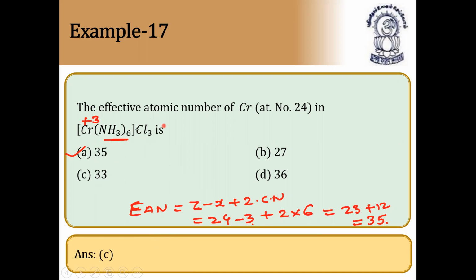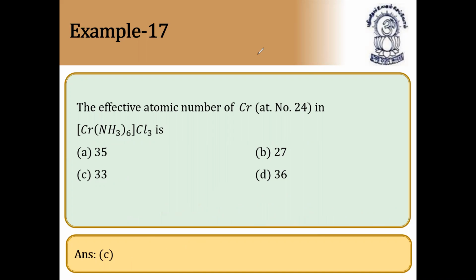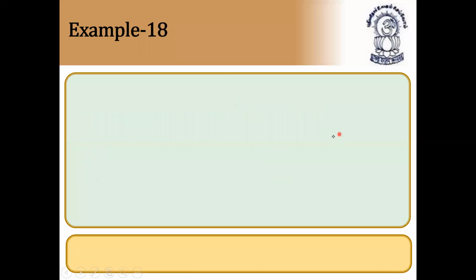Because 3 chlorines are outside, so definitely this should be plus 3. So 2 into 6, that is 35 only, it is not 33. So please do it. This is wrong. Option A is the right option. So you can see effective atomic number, the formula is correct only.